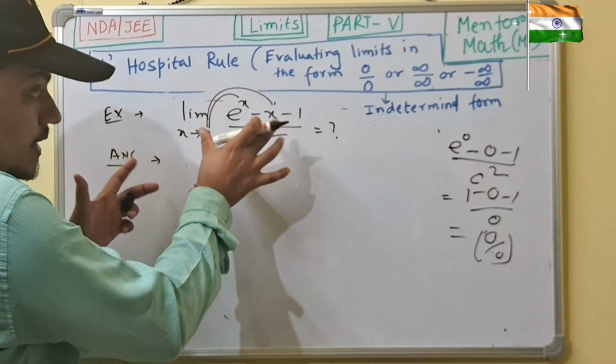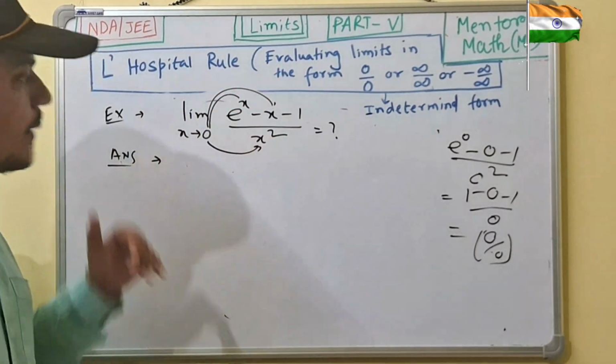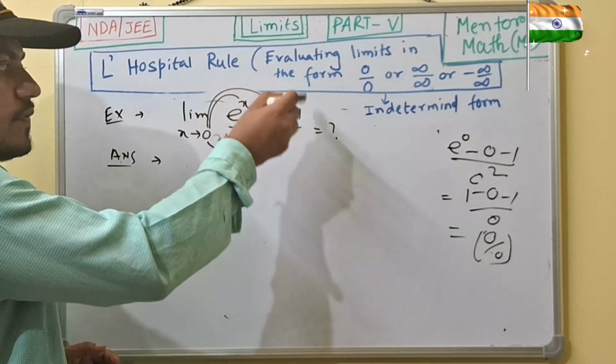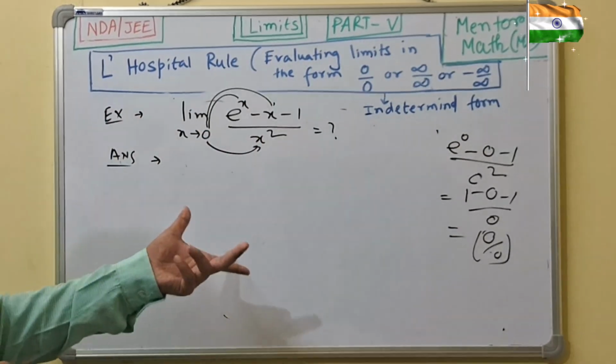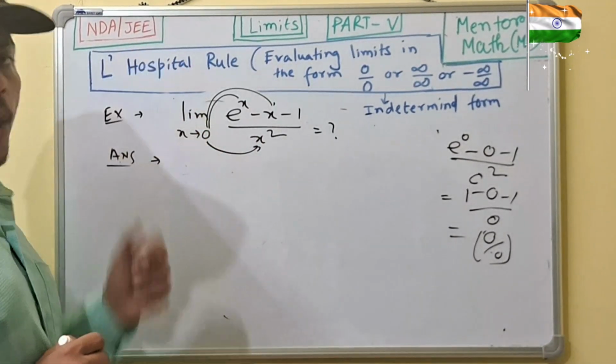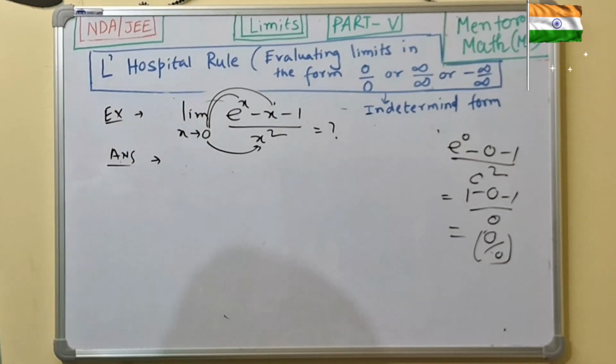This is a rational form, and the numerator and denominator are both differentiable functions, so you can apply L'Hospital's rule for finding this limiting value.